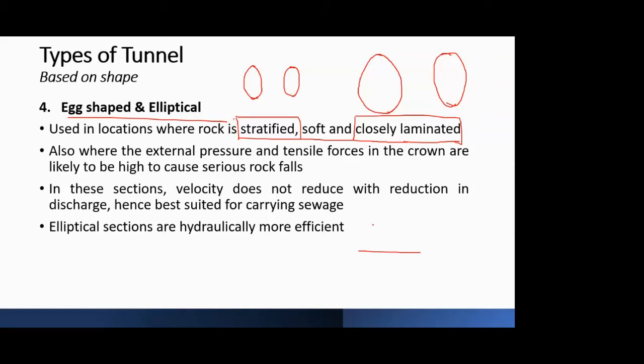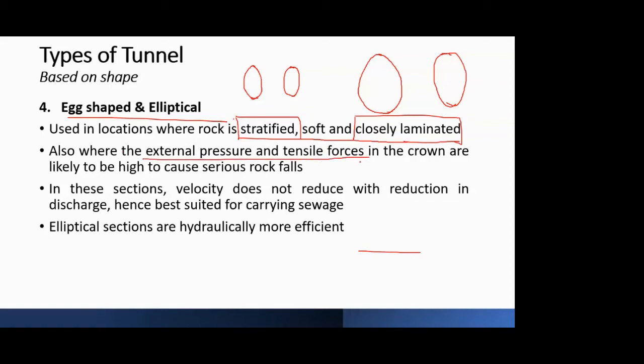An example for that is mica. If you recall the mica mineral, that is laminated. You can just peel off each layer of that mica. So if you have such kind of rocks in your alignment, then you go for an egg shape or an elliptical shape.